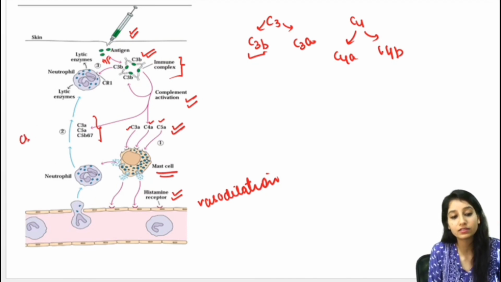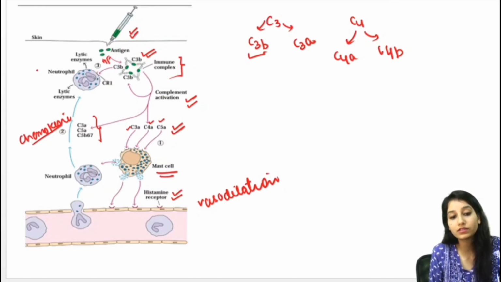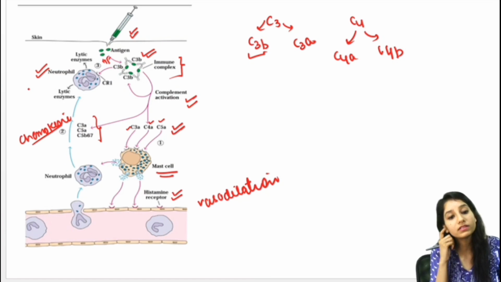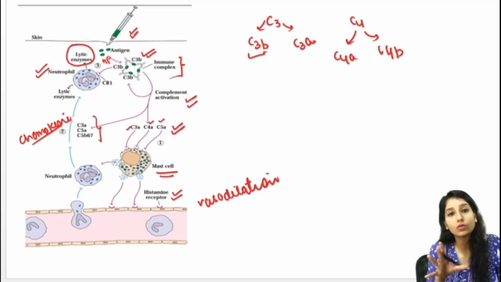They have worked as chemokines, due to which neutrophils are also moving to the side where the antigen antibody complexes are present. This complement system is also activating neutrophils, due to which they are also releasing lytic enzymes.